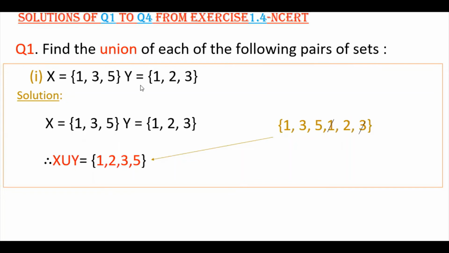If you union these two sets, X union Y, you have to write all the elements of these two sets without any repetition. Here 1 is repeating and 3 is also repeating, so you can cancel them. Then in order, 1, 2, 3, 5 are the elements of X union Y.